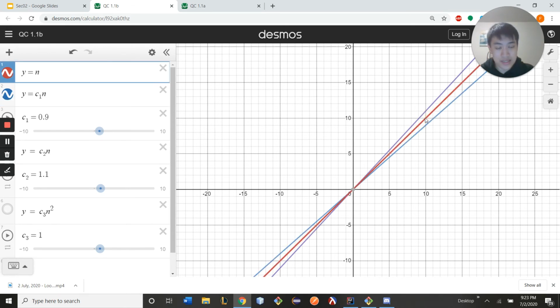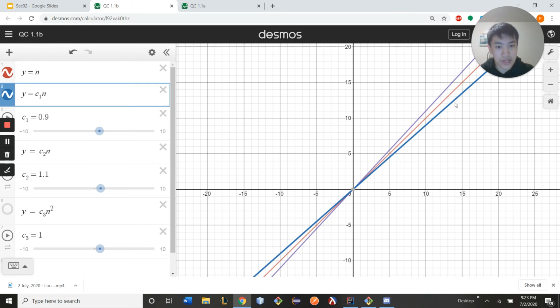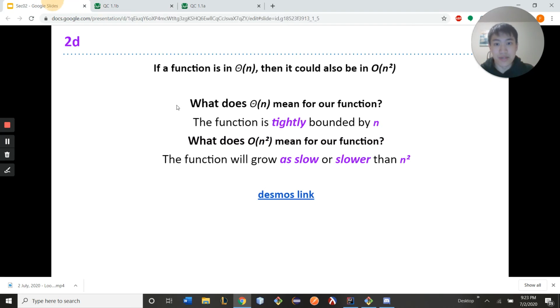What that means is that it'll have something as a lower bound and something as an upper bound. In this case, I have 1.1n as a purple line here, and I have 0.9n as the blue line right here. And you can see that those two lines, which are multiples of n, are squeezing our proposed function y equals n, which means that n is in big theta of n.